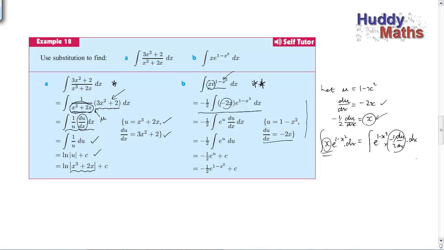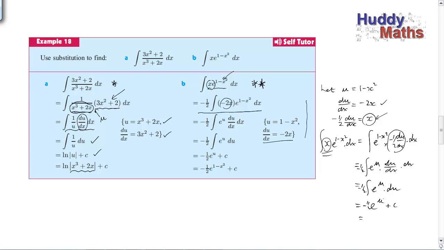So now this is the integral of e to the u du by dx, which is the integral of e to the u du, which is going to be e to the u plus c, since the integral of e is itself. And then returning it. Oops, I've left out this negative a half in here, terrible business. Well, the whole story was about that.